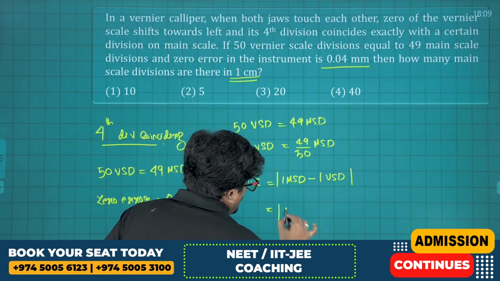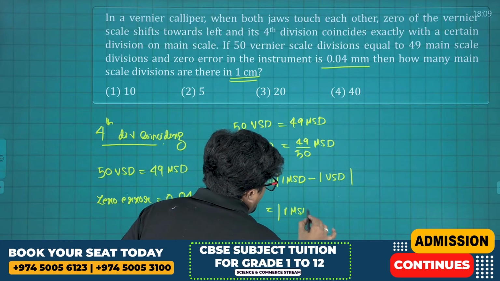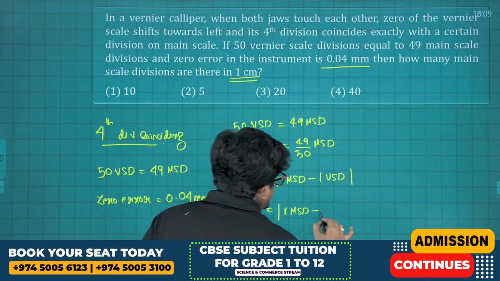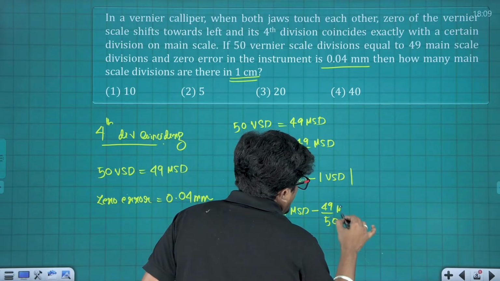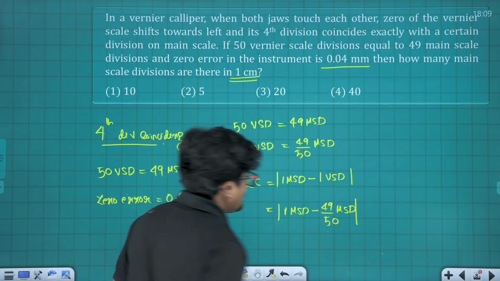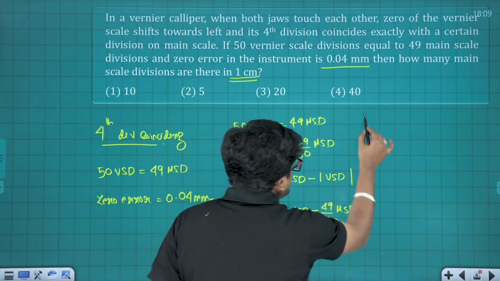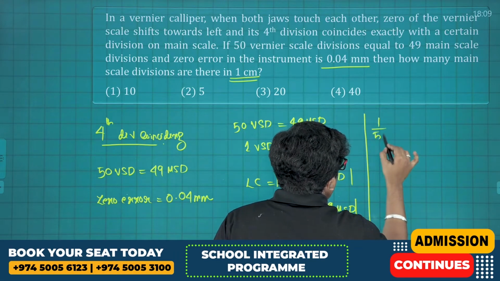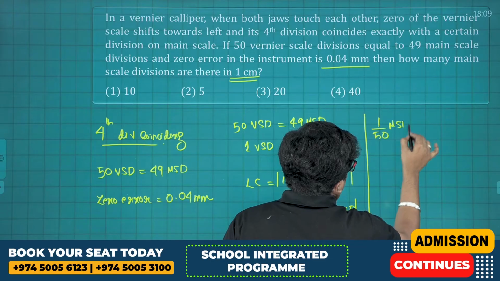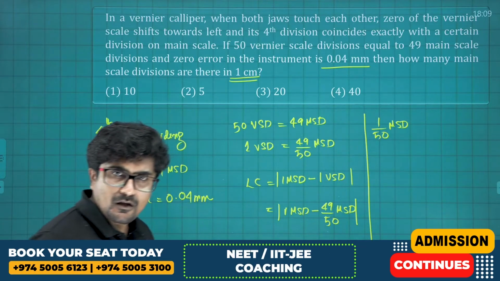That is 1 MSD minus 1 VSD, which is equal to 1 MSD minus 49 divided by 50 MSD. Once I rearrange, it should be 1 upon 50 MSD. Are you getting me?